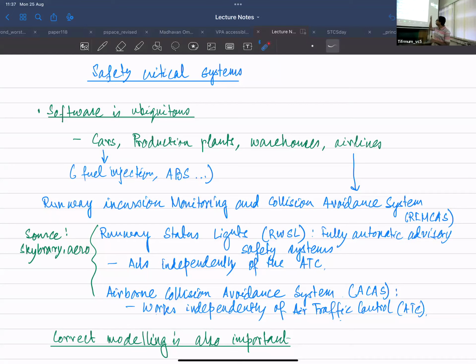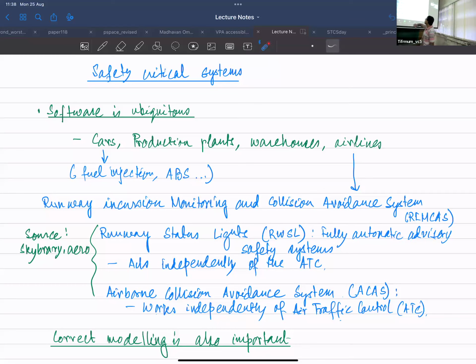Right? There are these different systems, and not everything is controlled by the ATC. So these are concurrent systems. They are simultaneously running, and you want to ensure that some kind of crash doesn't happen and the planes don't come in the way of one another.